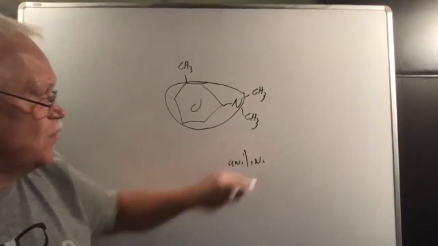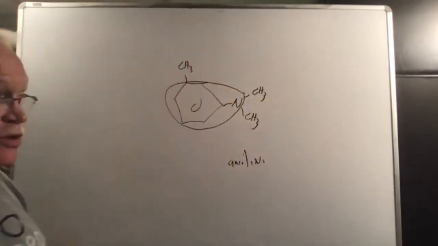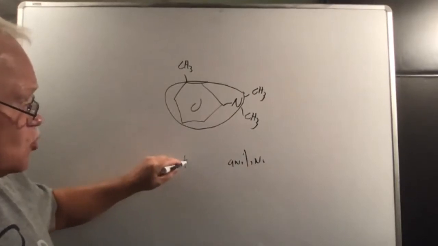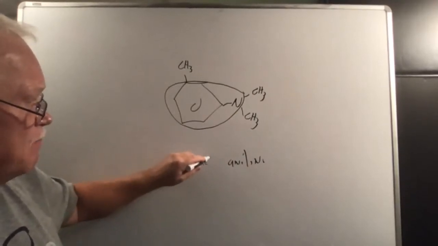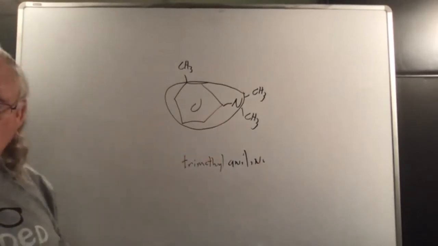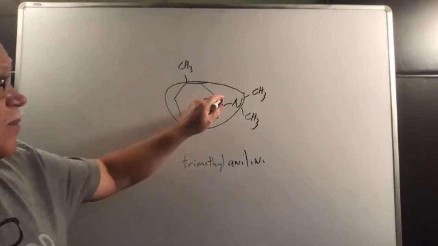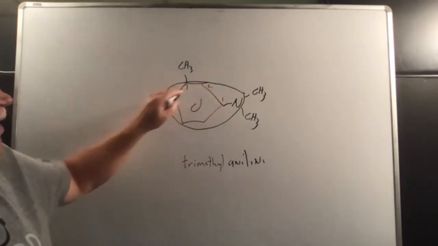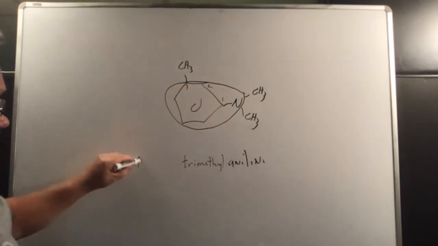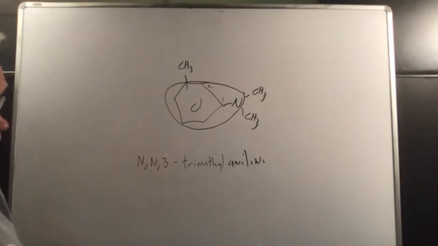What's attached to the aniline? 3 methyl groups. So what we have to do is we're going to say trimethyl aniline. Now notice that 2 of the methyls are attached to a nitrogen, and one of them is going to be at the number 3 position. So what we say is N, N, 3.